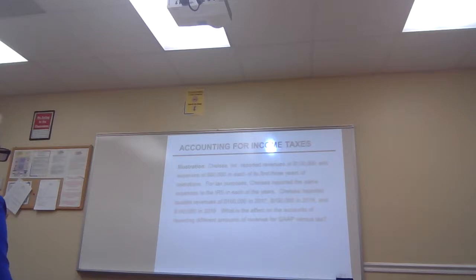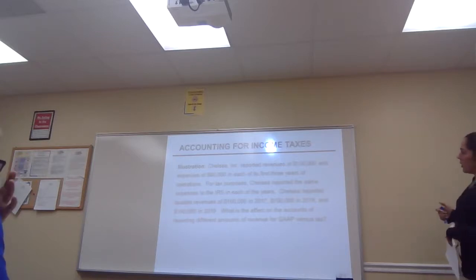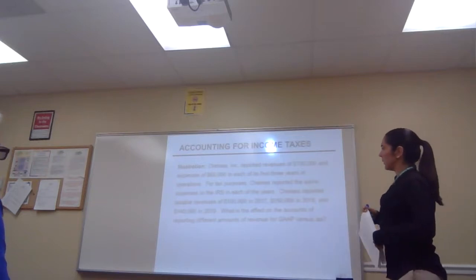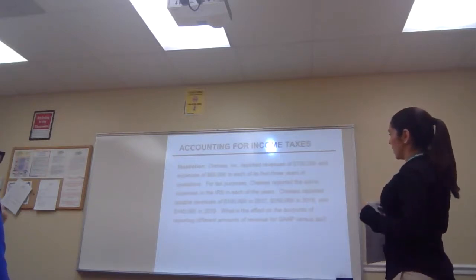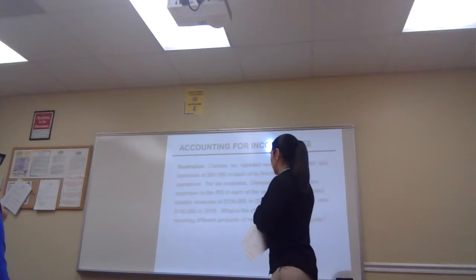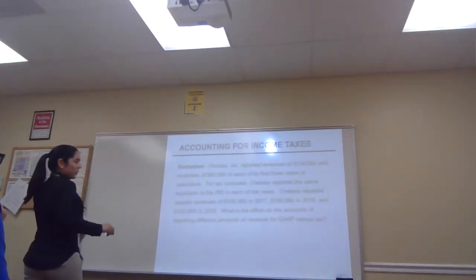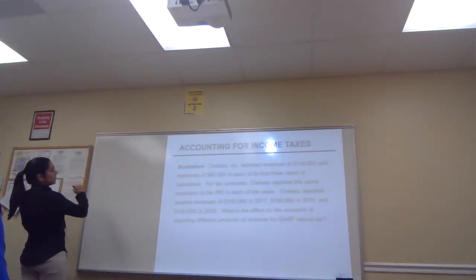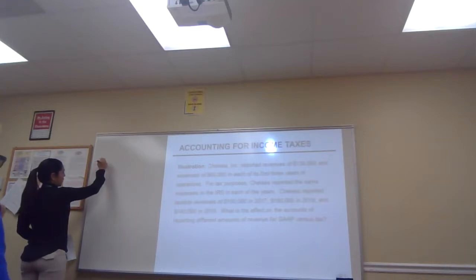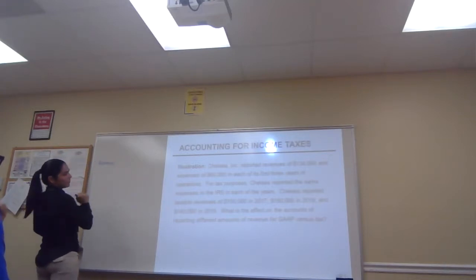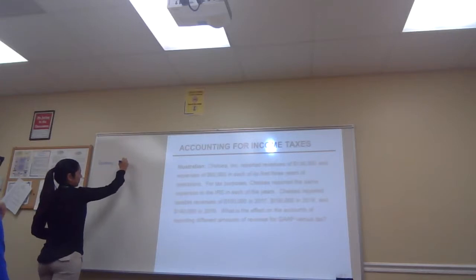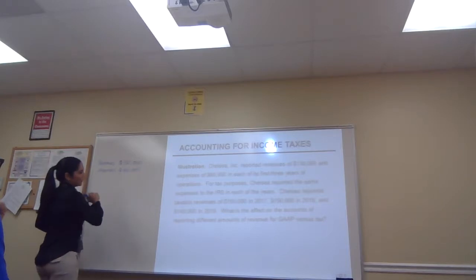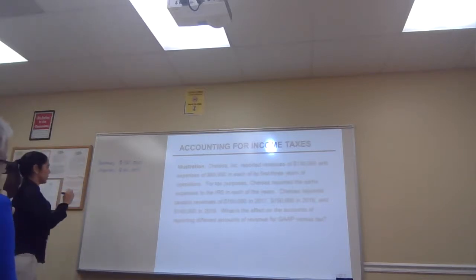So let's start with an example. Chelsea Inc. reported revenues of $130,000 and expenses of $60,000 in each of its first 3 years of operations. I'm going to write this here. Actually, this board is bigger than my last board. So we have revenues, 130, and expenses, $60,000 in each of its first 3 years.